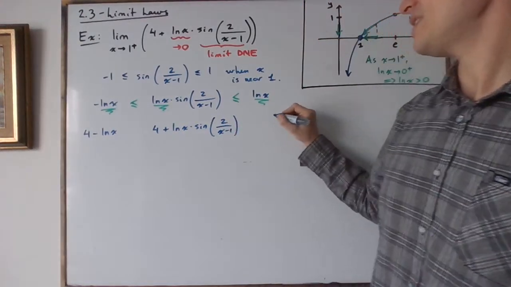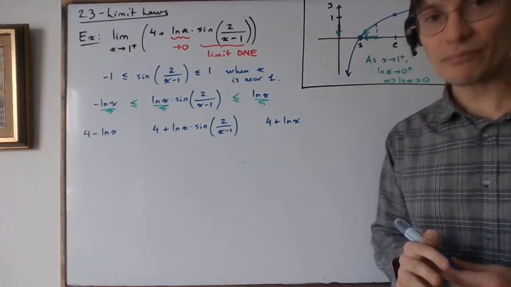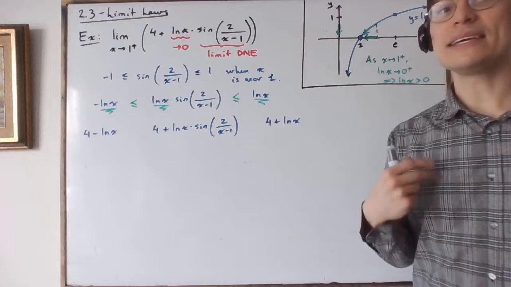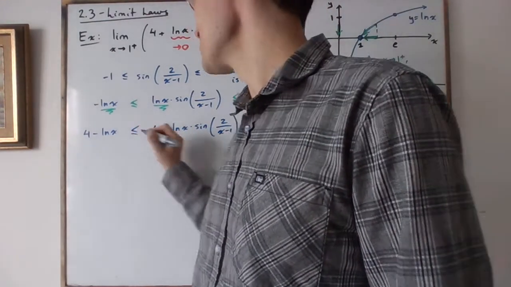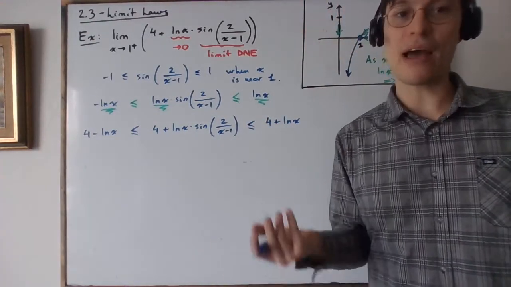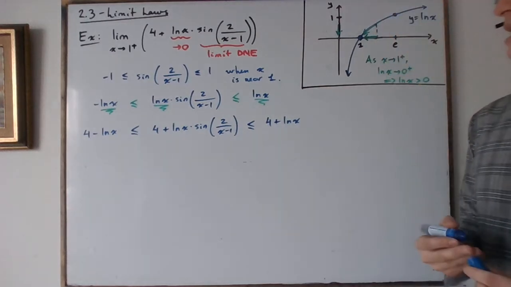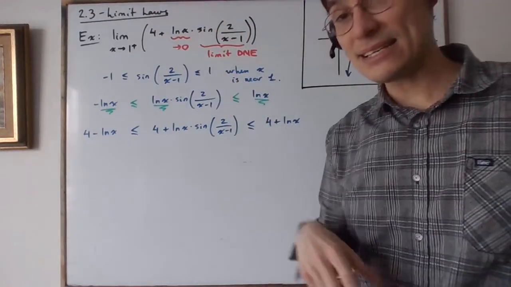And then you're going to have here 4 plus ln x. Now you're adding something on every side. The inequalities are always maintained in that case, regardless of what that number is. Even if this number is negative, even if you were to subtract something on every side, the inequalities would still be maintained.